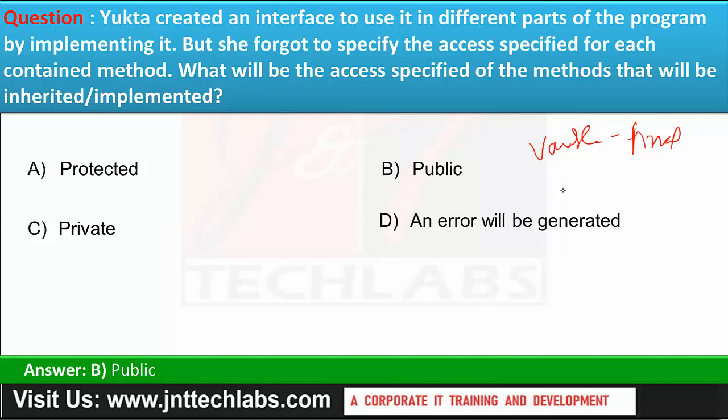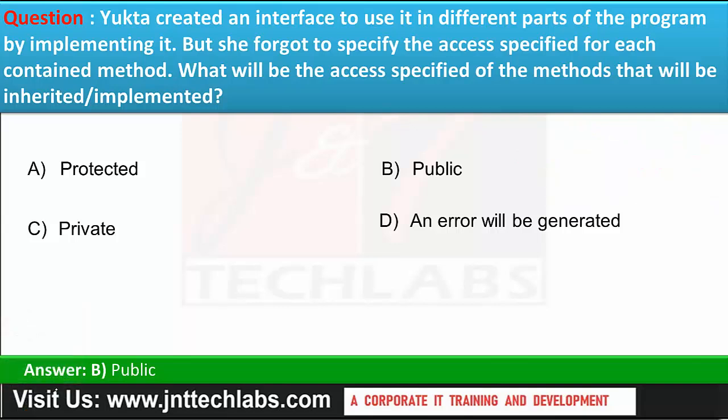And all methods will be public and abstract. Abstract means no body for that. Public means anybody can access from outside. And this is final. These are the different properties we should know. That is very clearly explained in our interface concept. I showed everything practically. You can go there and search for it.